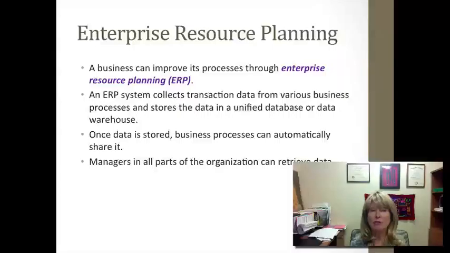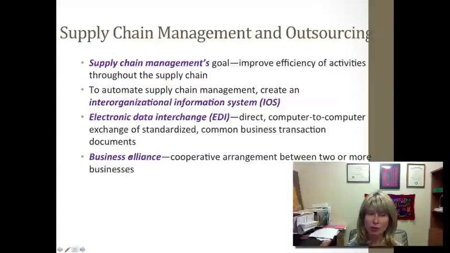They might have the asset management system, the human resource system for all the employees, the payroll system, and the benefits system. These are just a few of the major systems that would be in an ERP system. And the reason that they're combined is because they share information with each other. All right, they're very important.